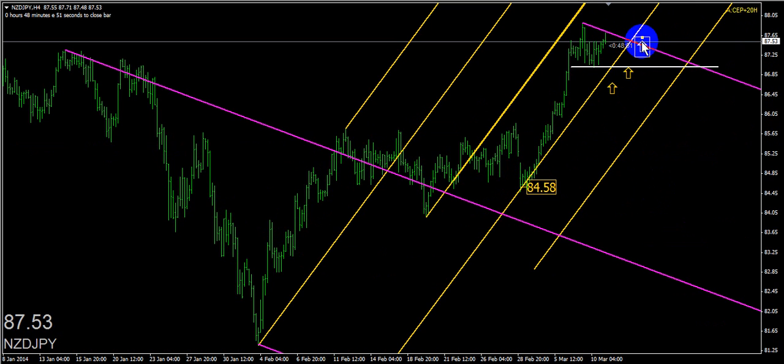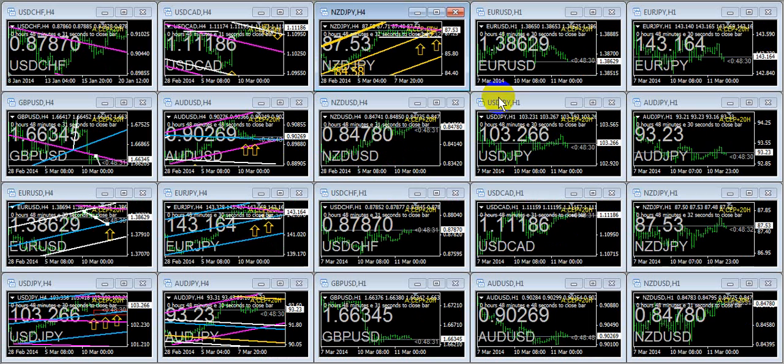So just keep that in mind if you're trading the New Zealand yen. I have some different yen crosses just because I like to trade yen pairs, but that's up to you if you want to trade those or not.